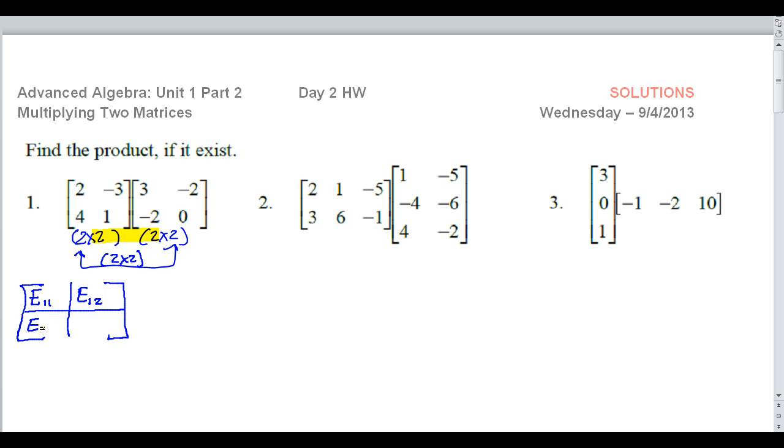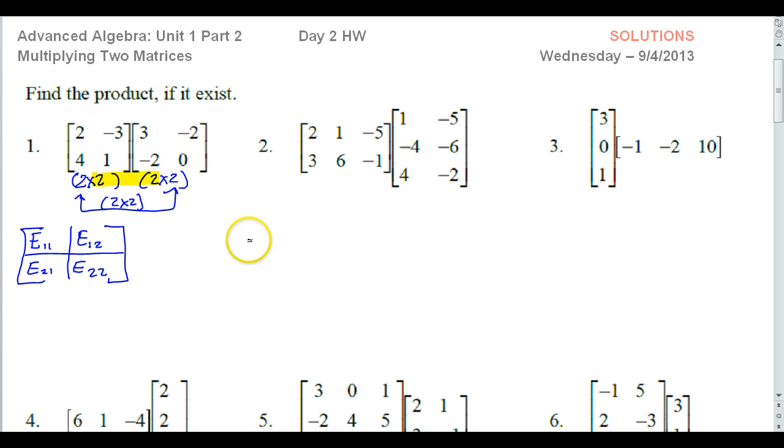This is element 2, 1, second row, first column, and this is element 2, 2, second row, second column. The way I go about finding each of these answers, and I will record them over here as I go, is I'm just going to do this one by one.